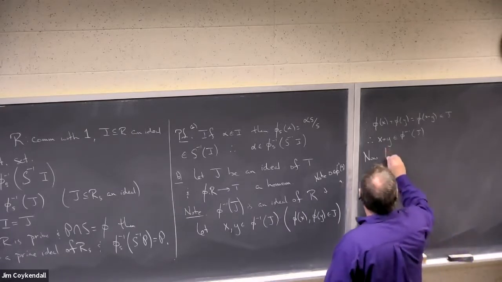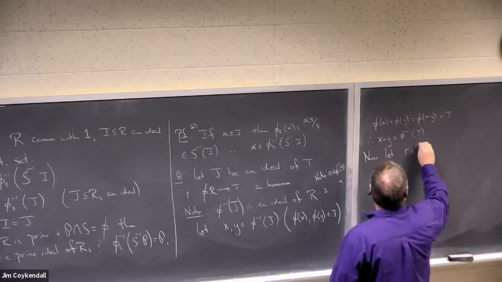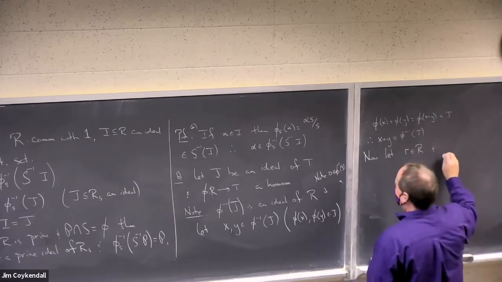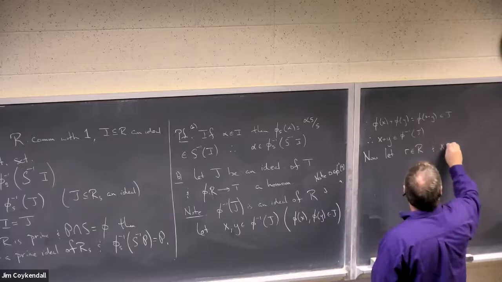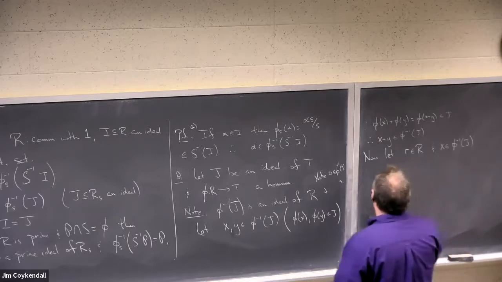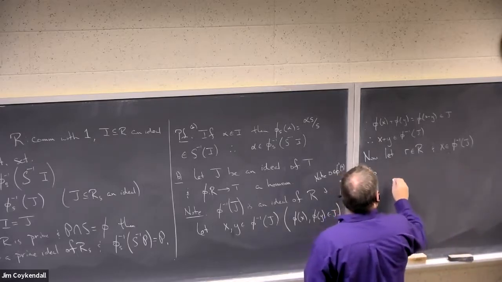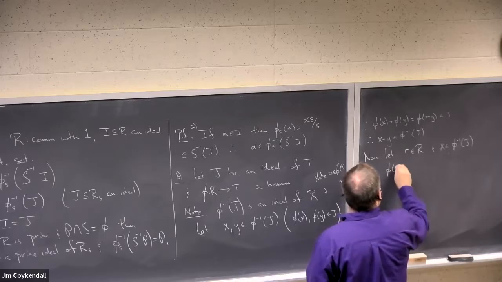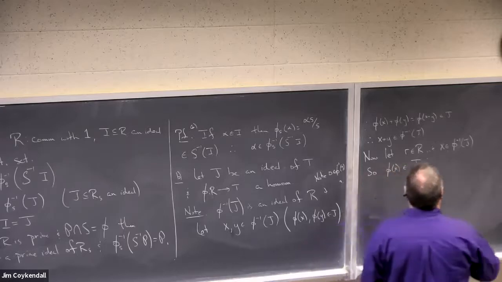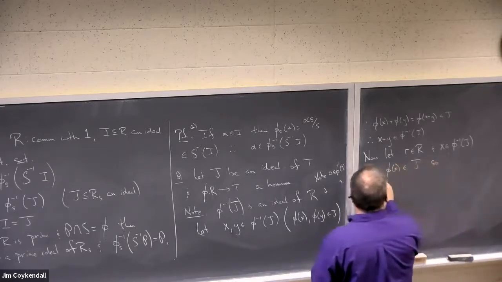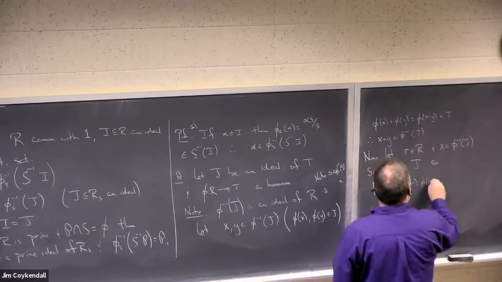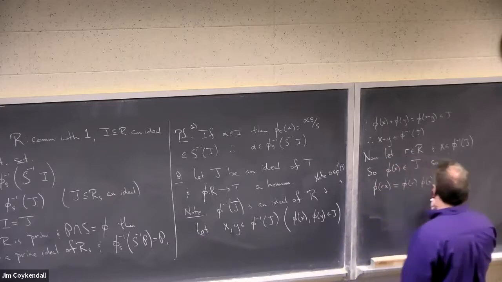Now let r be in R and x be in phi inverse of J. So phi of x is in J. That's what it means for x to be in the pre-image. So phi of rx equals phi of r times phi of x, which is in J, since J is an ideal.